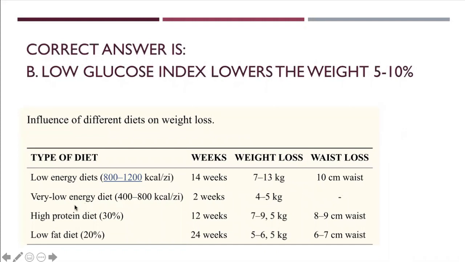With a very low energy diet, only 400 kilocalories, in 2 weeks you lose 5 kg. The high protein diet, in 12 weeks you would lose maybe 5 kg. The low-fat diet, you would lose 5 kg. So the most influence is the low glycemic index, which lowers the weight 5 to 10%. That was the correct answer.